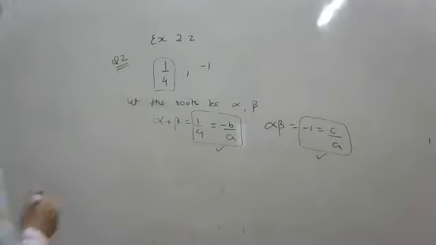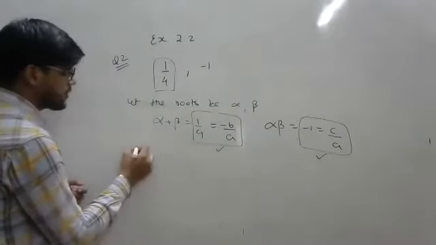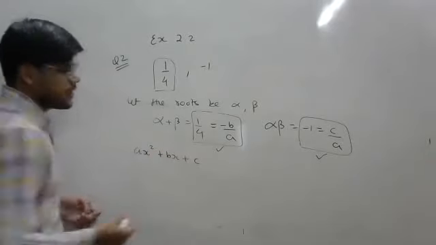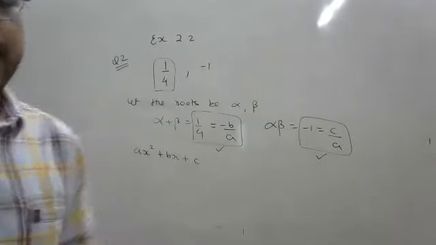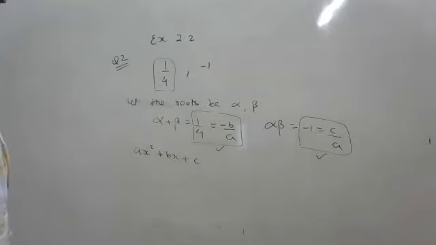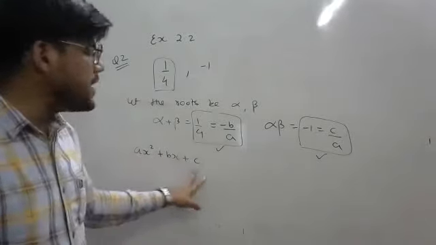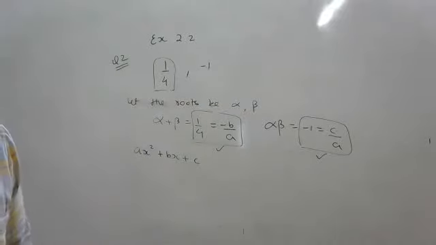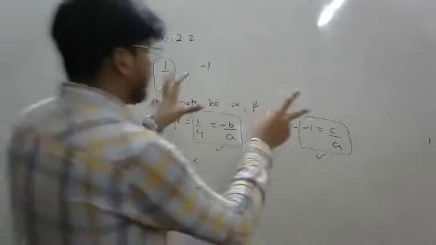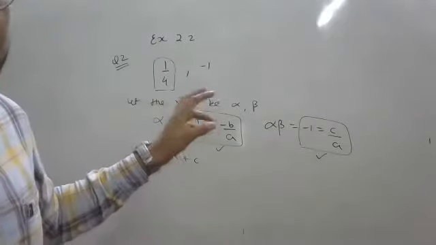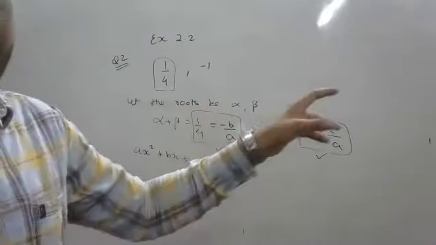Now the general or standard form is ax squared plus bx plus c. This is the general way or standard form of writing a quadratic equation. We have to find out values for a, b and c. Here we are not having the exact values of a, b and c, but we have ratios: b upon a and c upon a.